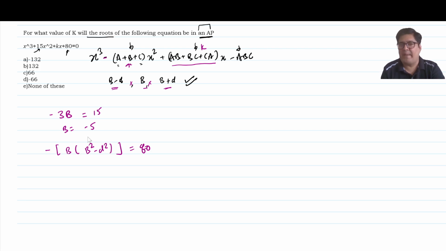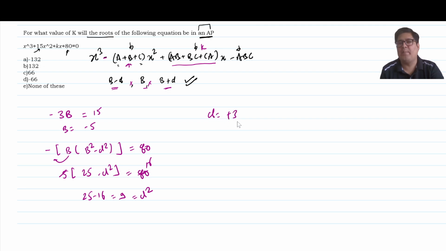Now B itself is minus 5. If I bring that minus 5 outside, that negative part cancels. So I have 5 into 25 minus D square is equal to 80. Cancelled, 16. 25 minus 16 is equal to 9, which is D square. That says the common difference can be either plus 3 or minus 3.